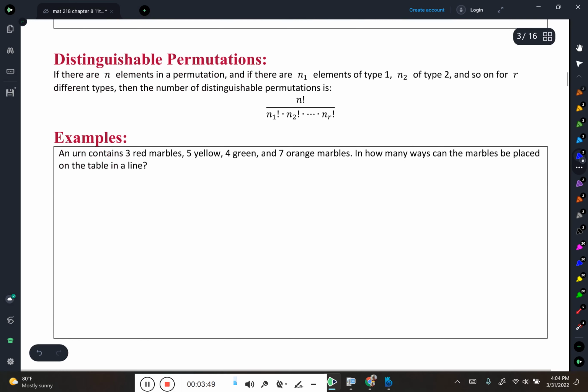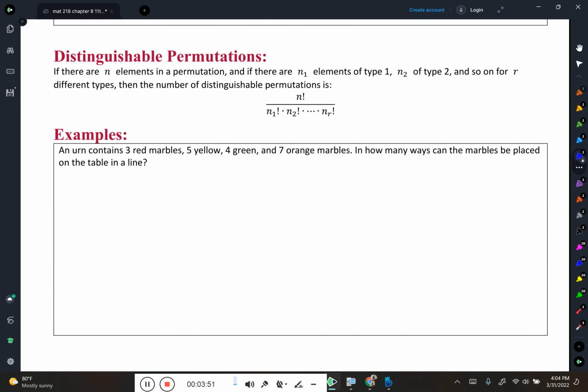Distinguishable permutations. Suppose you have n elements in a permutation, and there are n sub 1 elements of type 1, n sub 2 elements of type 2, and so on for r different types. And the number of distinguishable permutations is n factorial divided by n1 factorial, n2 factorial, up through nr factorial, all multiplied together. What does that even mean?